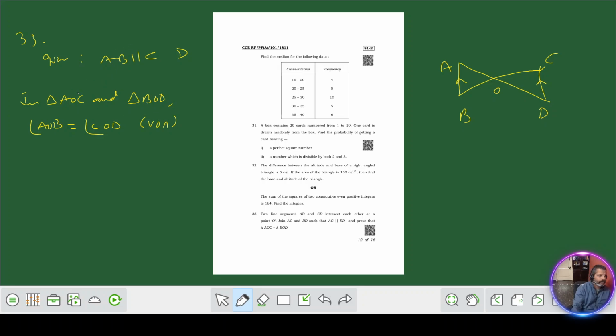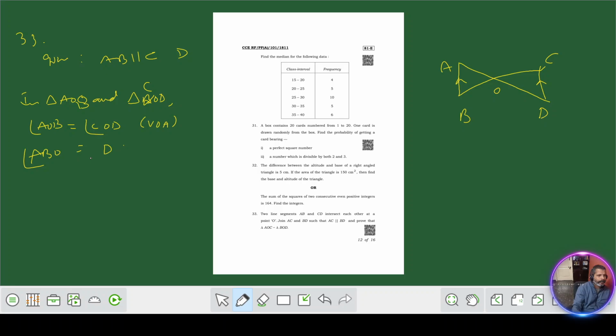AOB equal to COD. In triangle AOB, ABO equal to DCO. They are alternate angles.